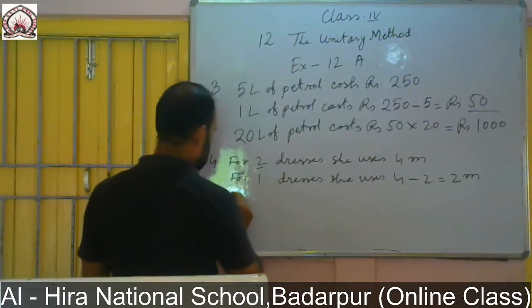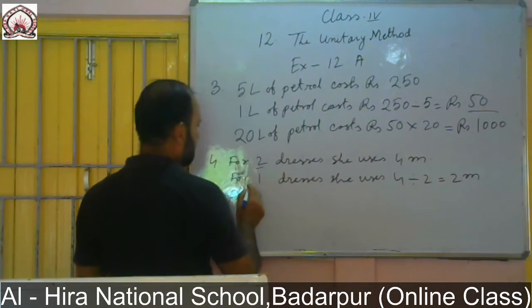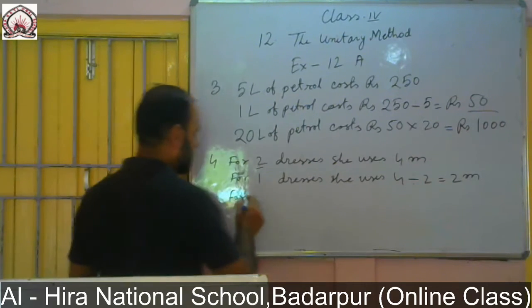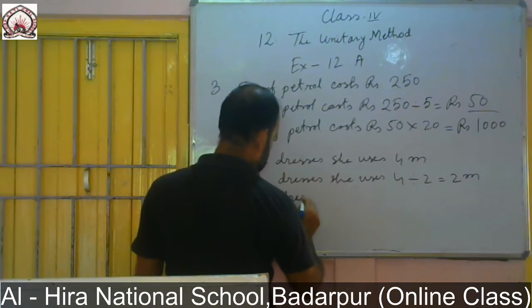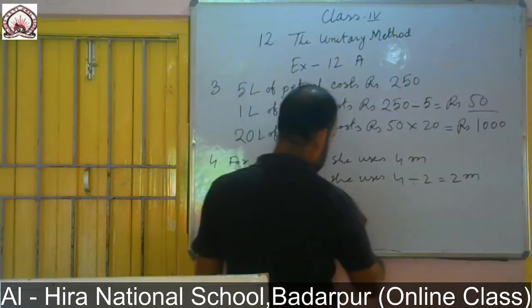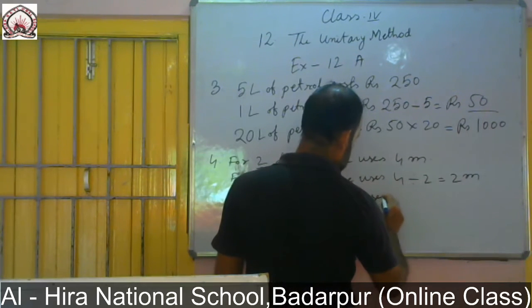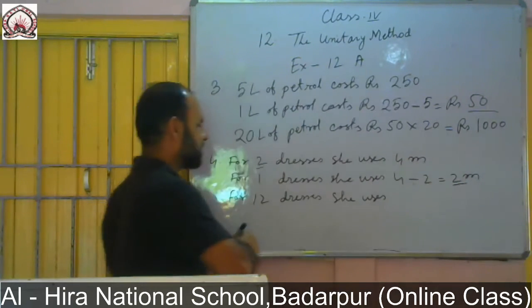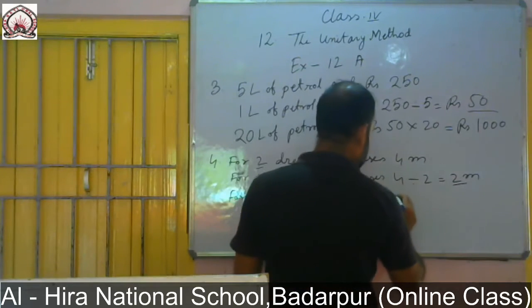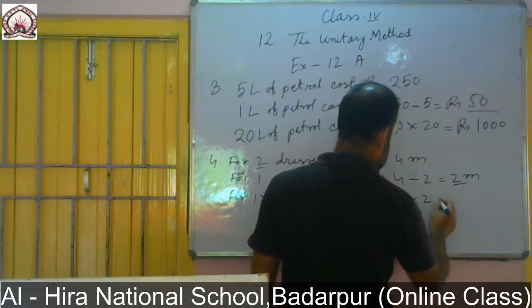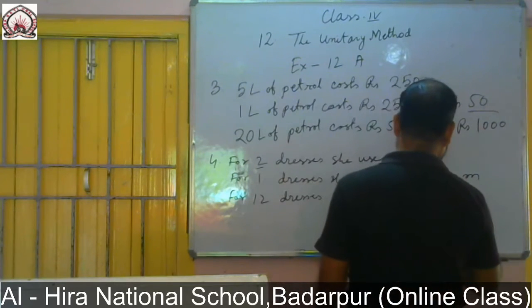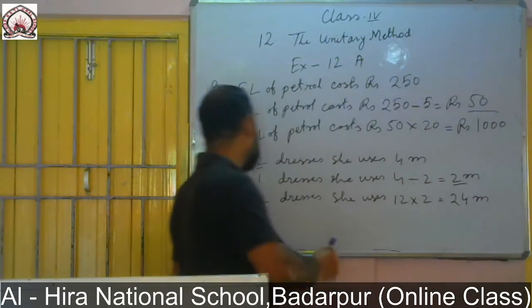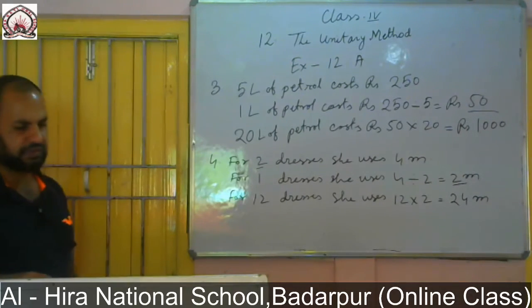Now, for 12 such dresses, she uses one dress for 2 meter. 12 dresses equal to 12 into 2, which is 24 meter. So for 12 dresses she used 24 meters.